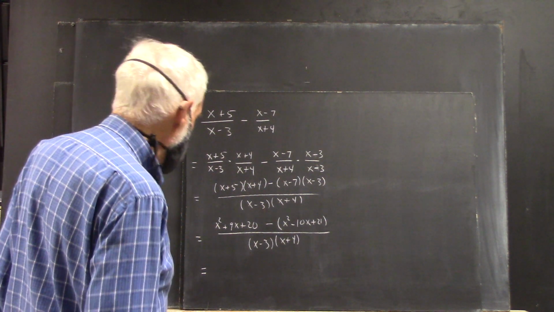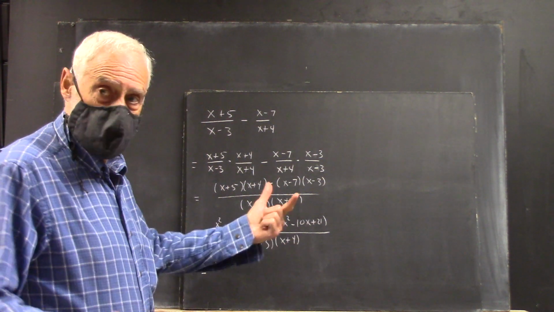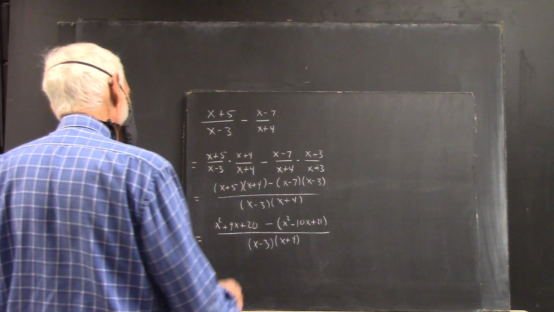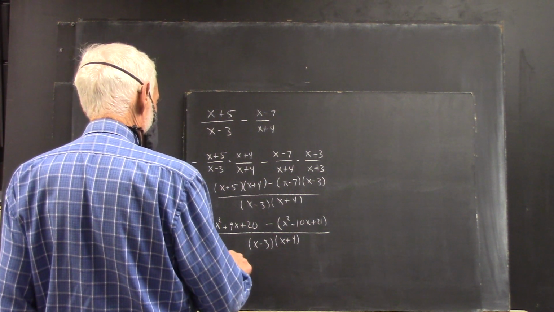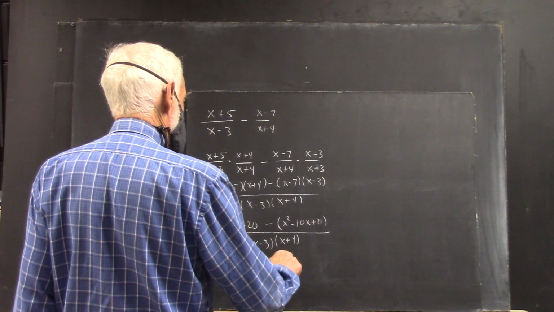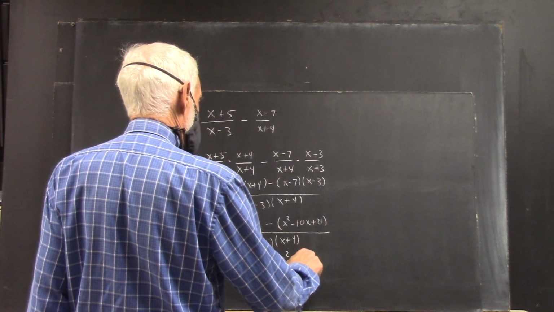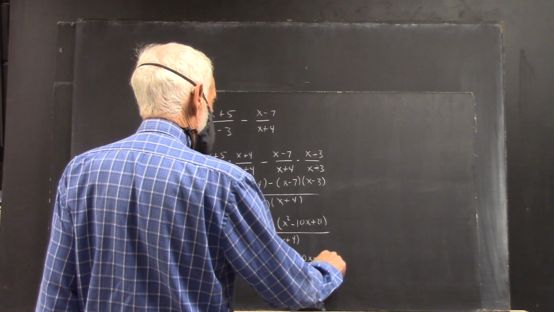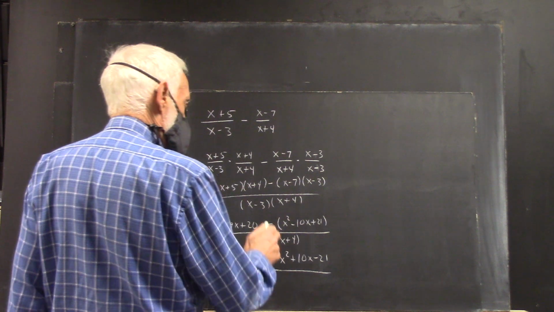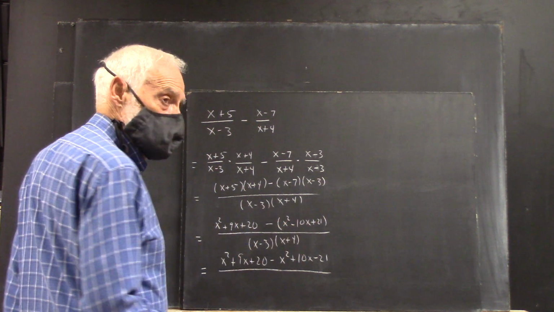Okay, so now the x squareds add up to 0, right? Probably ought to go ahead and do this stuff. I've got room, so let's go ahead and do it. And I definitely recommend that you do this step to be sure that you have the signs right. Distributing the negative through this expression.